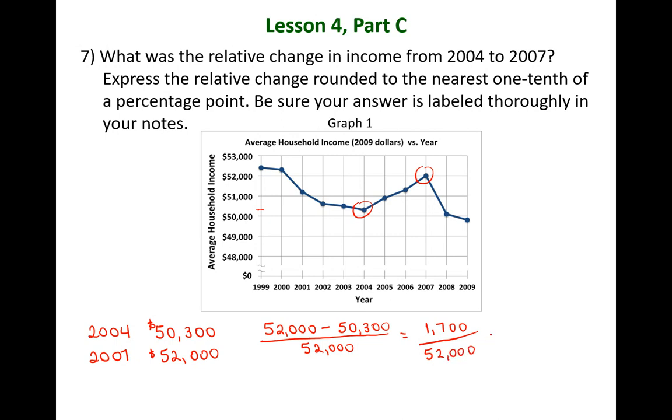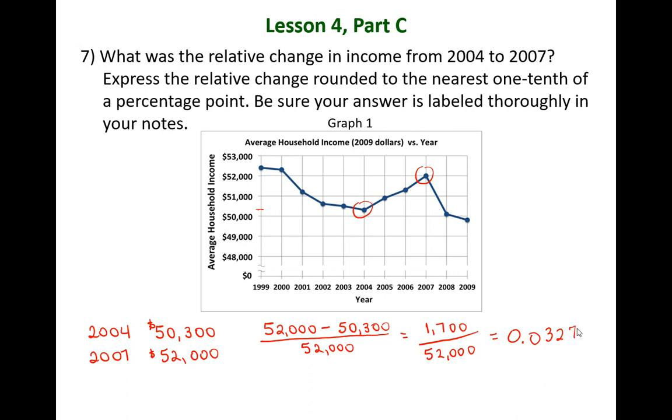Now, if we stop here, we actually are going to get a decimal. 1,700 divided by 52,000 comes out to be 0.0327. I'm going to round it a little bit.